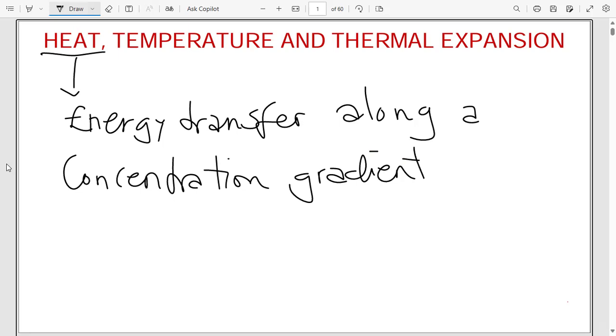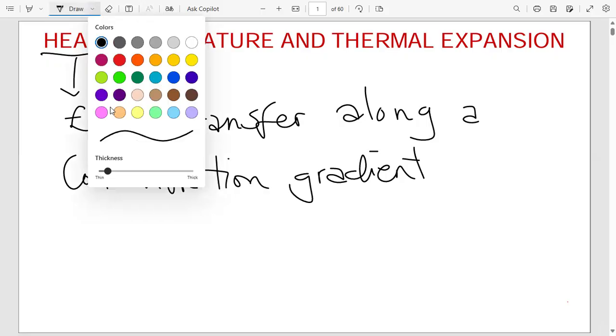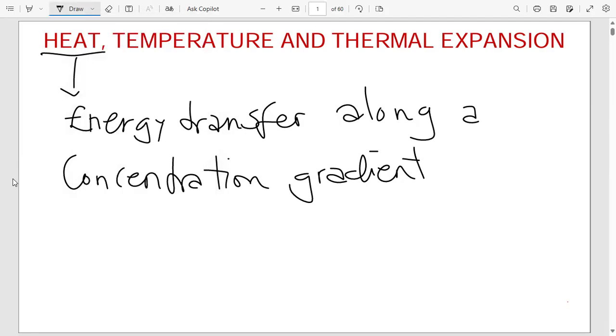So what do I mean when I say the transfer of energy along a concentration gradient? Remember, here we are dealing with thermal energy. And when we want to define what heat is, I'm sure we use this term in our day-to-day life. But what exactly is heat? We are relating this term to thermal energy. So thermal energy is being transferred along a concentration gradient. And what do I mean?